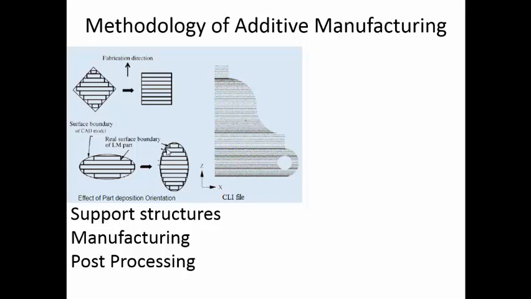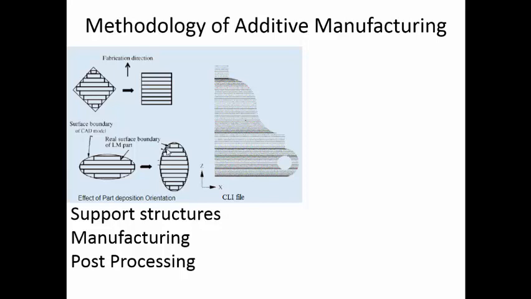The program has to be loaded into the machine, the material has to be loaded into the machine, and once the machine is properly set up and if the program is executed, the component will be manufactured automatically. So that will be the manufacturing process. Different processes have got their own process parameters which have to be controlled carefully through the program.